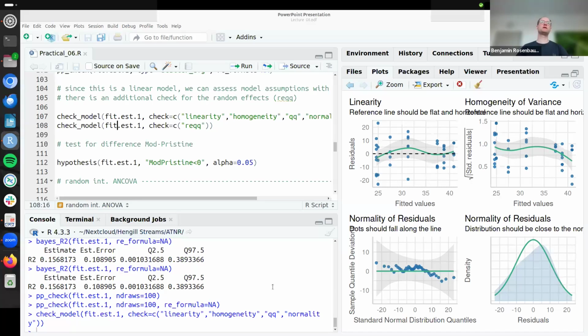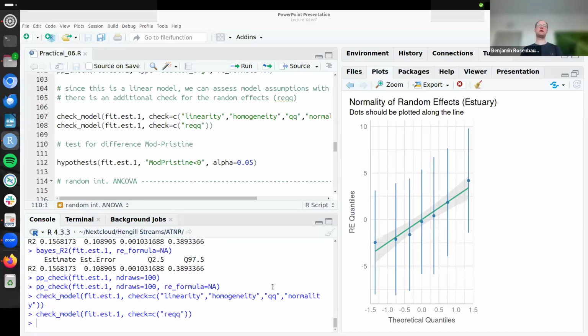There's one additional plot which can be helpful, and this is checking if the random effects are normally distributed. Here you have 6 estuaries, so you will have 6 random effects, and they should be normally distributed. Here this checks the quantiles against the normal distribution. So a classical QQ plot, also for the random effects only.